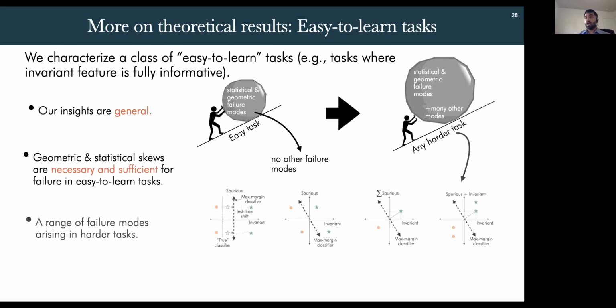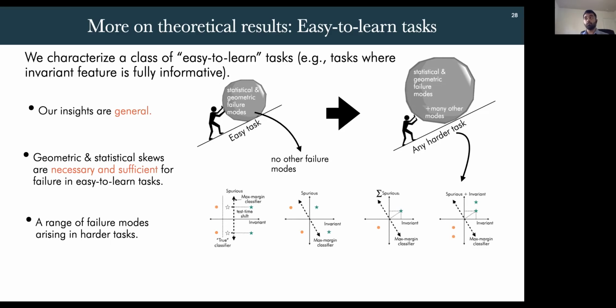We also go beyond all of this to enumerate a few other failure modes, that is, a few other reasons why classifiers use spurious features in a range of other harder tasks. These failure modes are not as general or as fundamental as the geometric and statistical failure modes, but they are still very valuable to know because in practice, you would still see these kinds of failure happening.